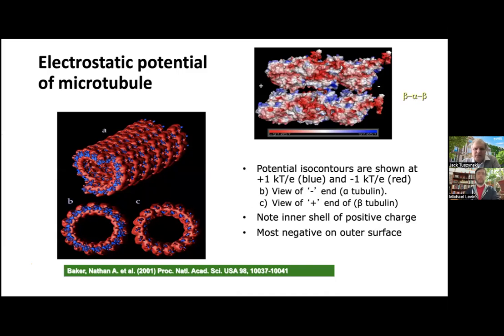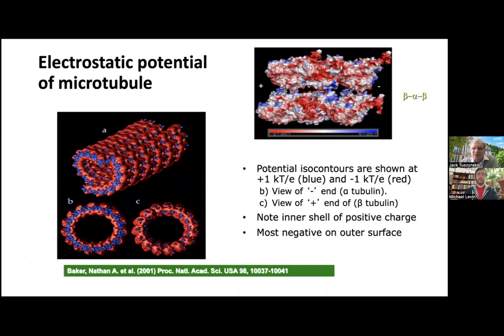This is a different view of a microtubule. On the left, you see a study published in 2001, from many years ago, which was actually groundbreaking at the time, one of the most computationally intensive. That's not an artist's rendition. This is a computer representation of the electrostatic surface of microtubules with atomic resolution.